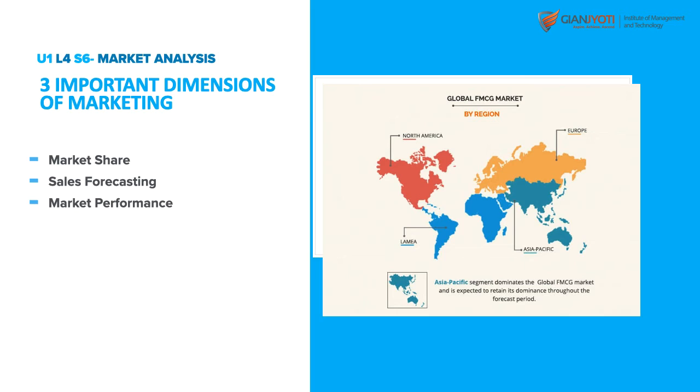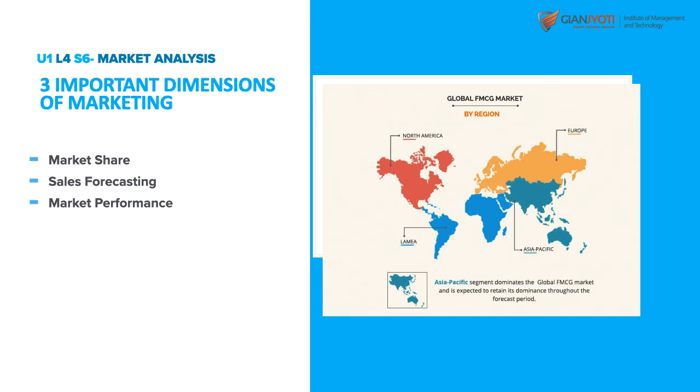The second is the sales forecasting. So you must understand not only the product or the service that you are dealing in. For example, if I talk about fast-moving consumer goods, the FMCG market at the global level, which are the regions which are growing very fast for FMCG?